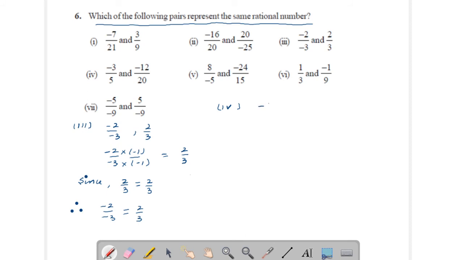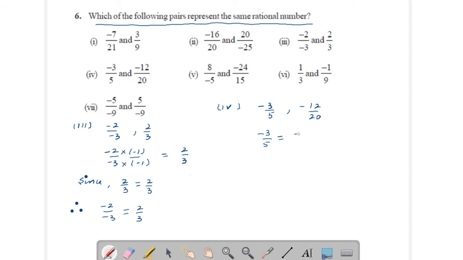Now fourth part, minus 3 upon 5 and minus 12 upon 20. Here minus 3 upon 5 in lowest form is the same.